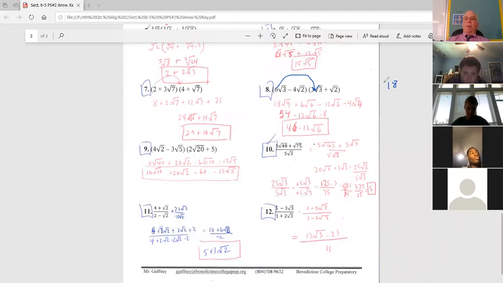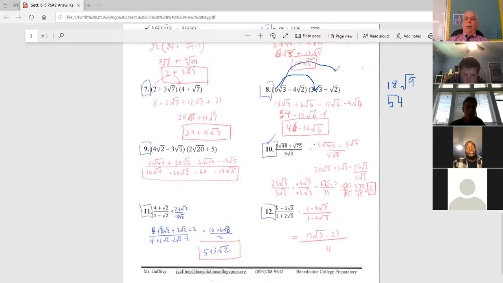And the 18 times 3 is equal to 54. So I'm going to do 2 things simultaneously. I can simplify that 18 radical 9 to 54, because the 9 comes out front of the radical as 3, and we just multiply the 3 times the 18 for 54. All right, so that takes care of the first one.